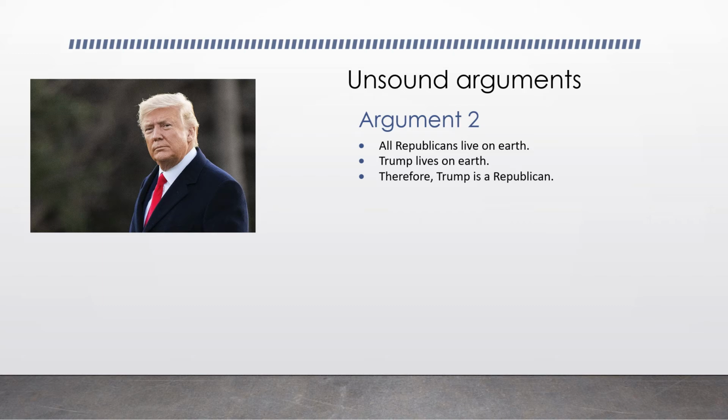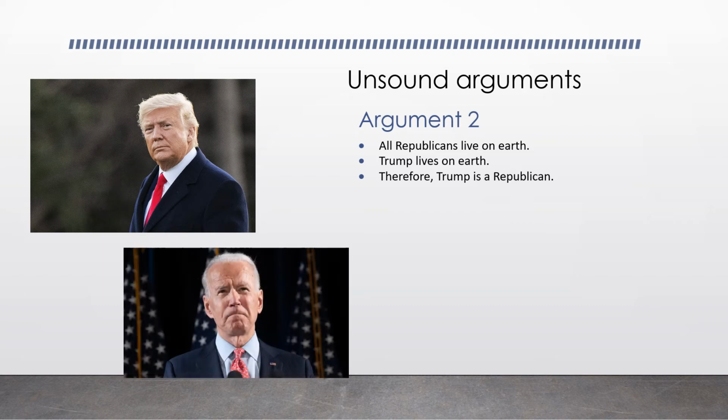We can easily swap out Trump with Biden, who was nominated and served as the Democrat nominee for president. All Republicans live on Earth. Biden lives on Earth. Both of those are now true. Therefore, Biden is a Republican. Wait, that clearly doesn't follow. Therefore, it shows us that the argument was invalid to begin with.